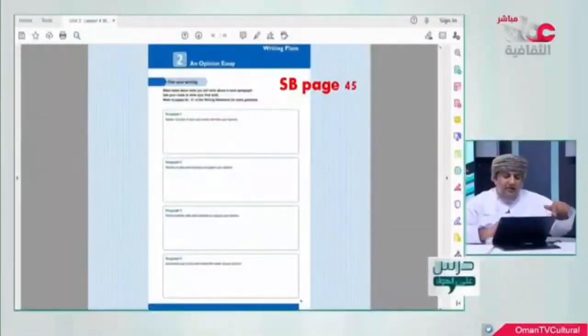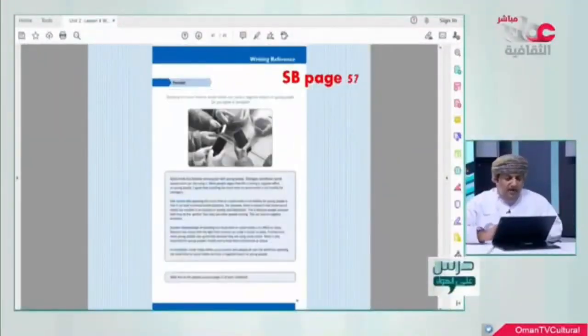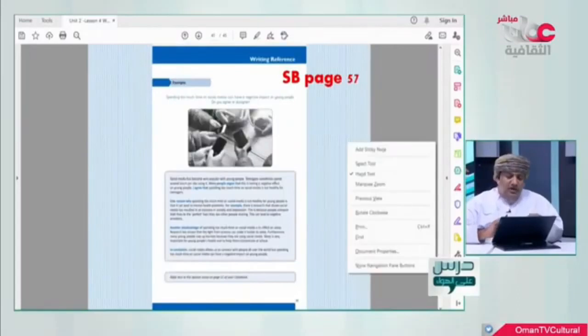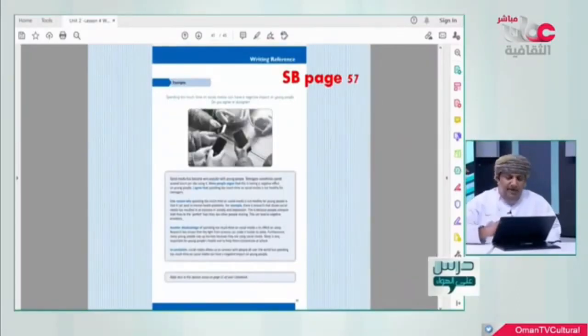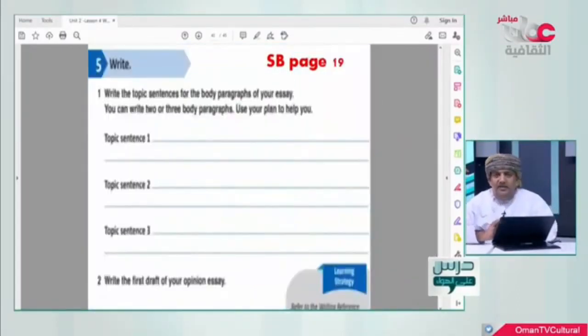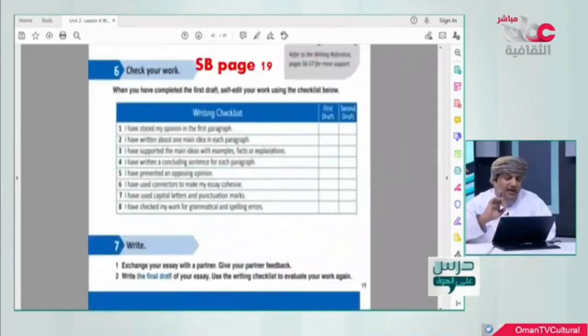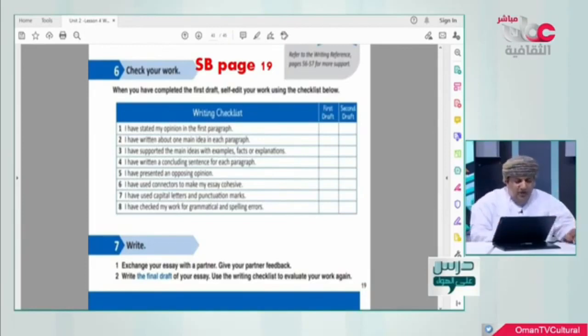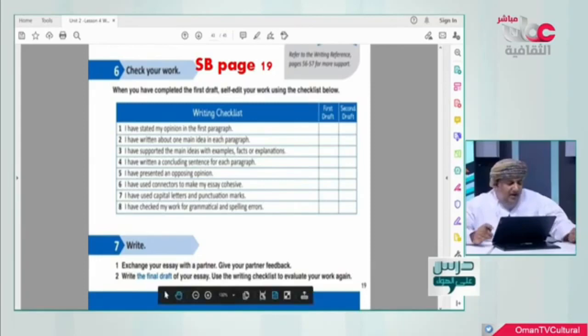Also, look at page number 45 and this example, because it will help you write a good paragraph. Use this list to check your work for this paragraph. Finally, you are going to exchange your essay with another person and check your work.